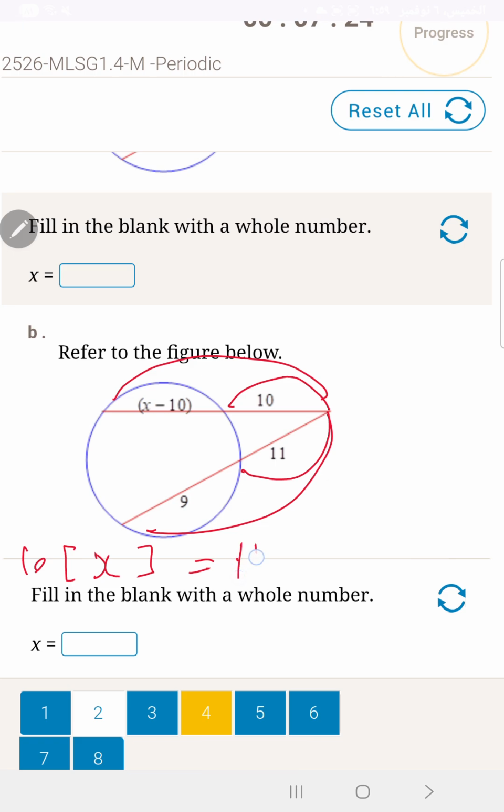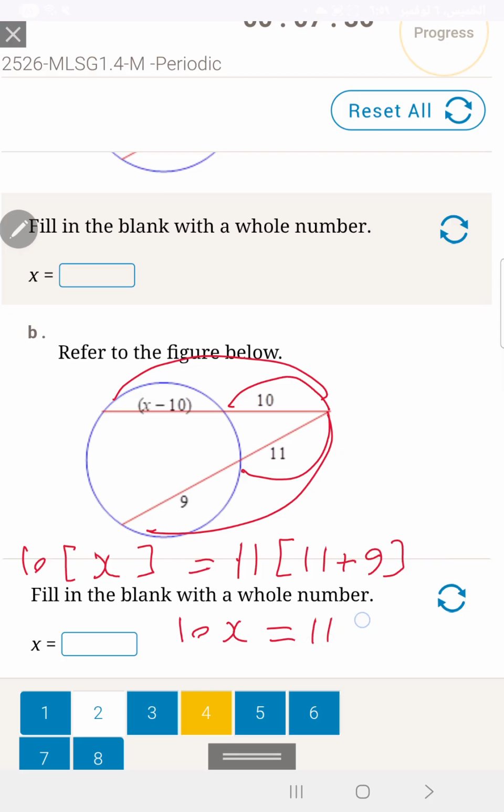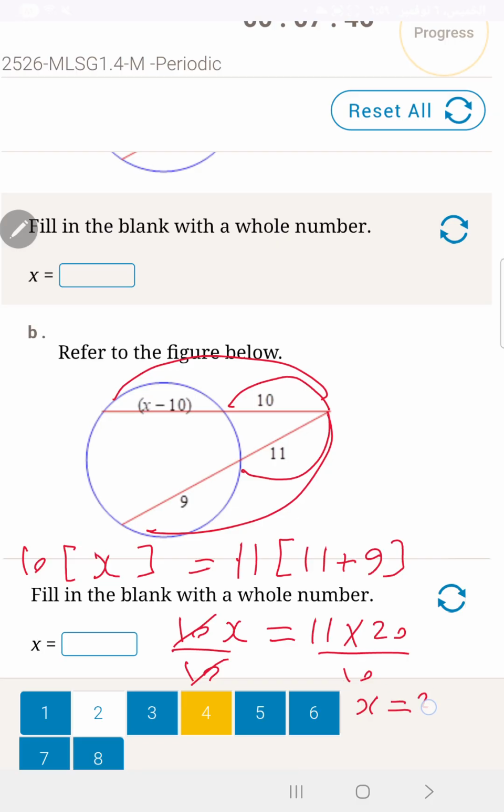Is equal to external part is 11 multiplied by the whole secant is 11 plus 9. So now you have 10x is equal to 11 times 20. We divide both sides by 10. So we get x is equal to 22.